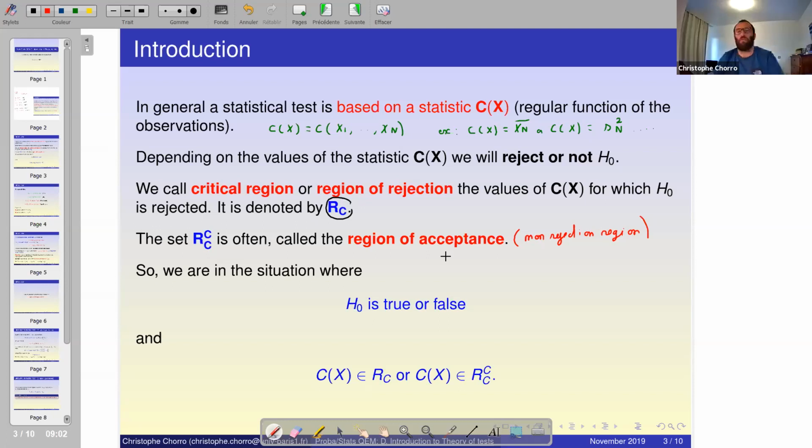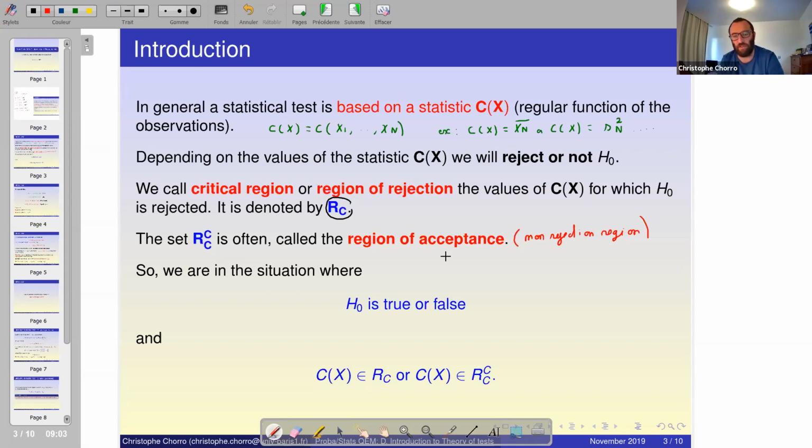So I repeat, I have a regular mapping depending on my observation. For example, to fix the idea, the sample mean or the corrected sample variance or the sample variance or anything you have in mind, that is just a mapping depending on my observation. Depending on the values of C of X, I will reject or not my hypothesis. And I denote by RC the set of the possible values for which I will reject my H0, and so RC complementary.